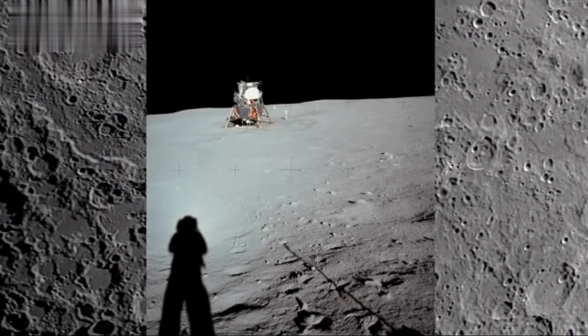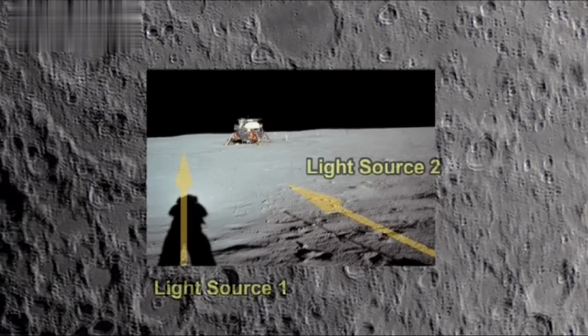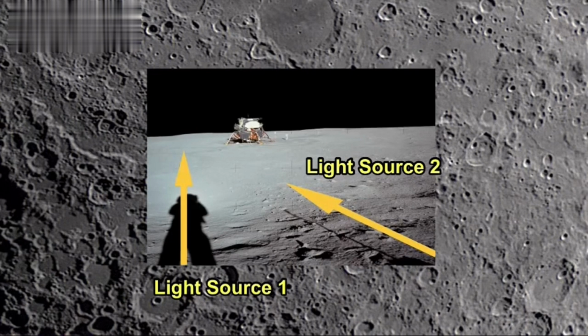This particular photograph is quite iconic. One can immediately notice two light sources in the scene, resulting in shadows cast in different directions. However, logically speaking, there was only one light source on the moon at that time, the sun.